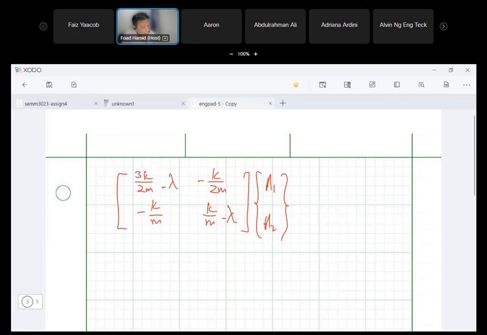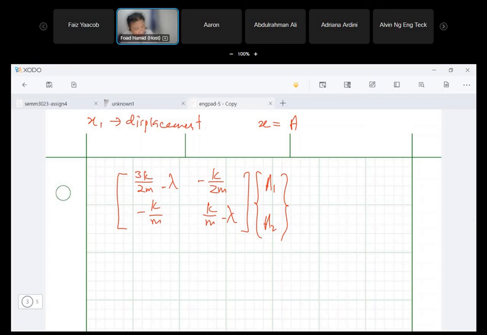Note that initially we were using x1, which is the displacement of mass number 1, and x2 is the displacement of mass number 2. But we convert it to amplitude. Why? Because x is a function of amplitude times, is it sine or cosine?